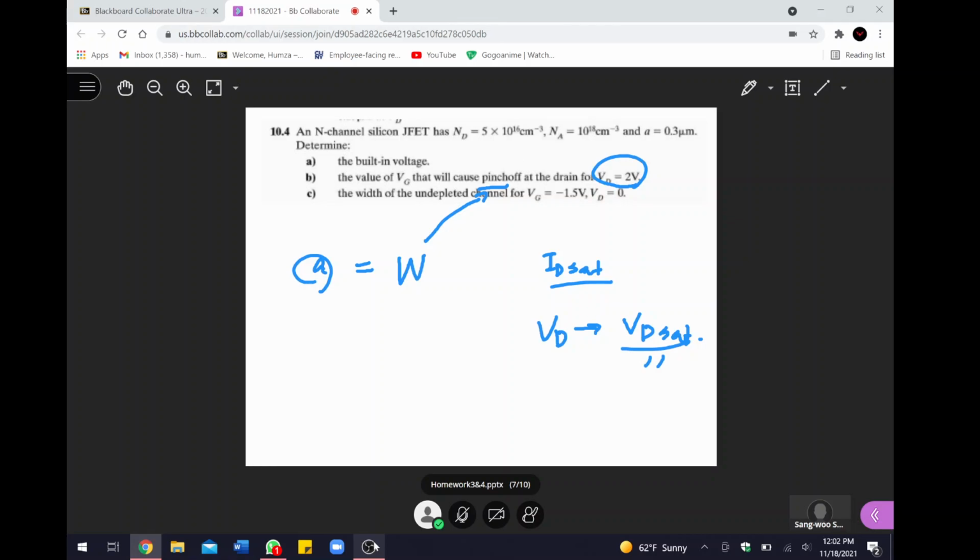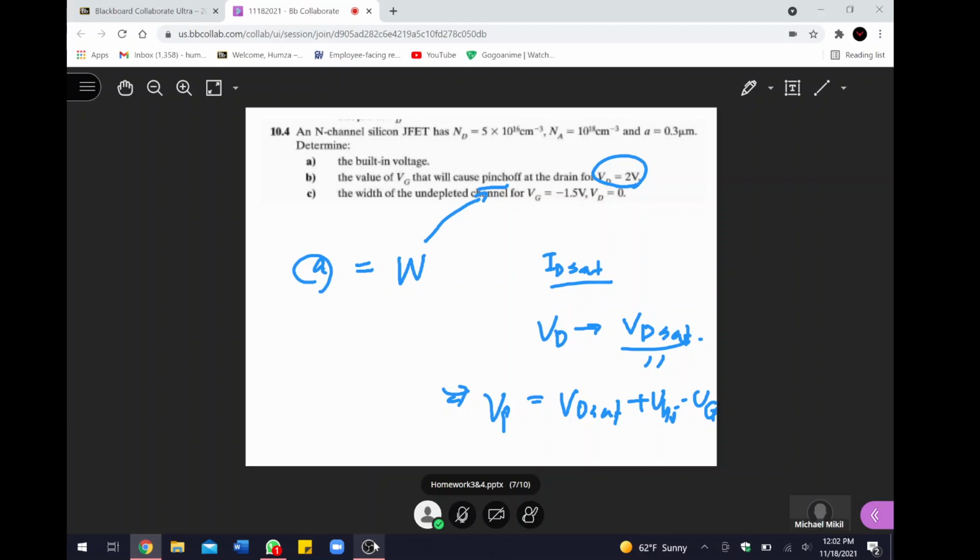So in other words, there is a relationship: the pinch off voltage VD saturation is VBI minus VG. Yes, so you have this relationship.